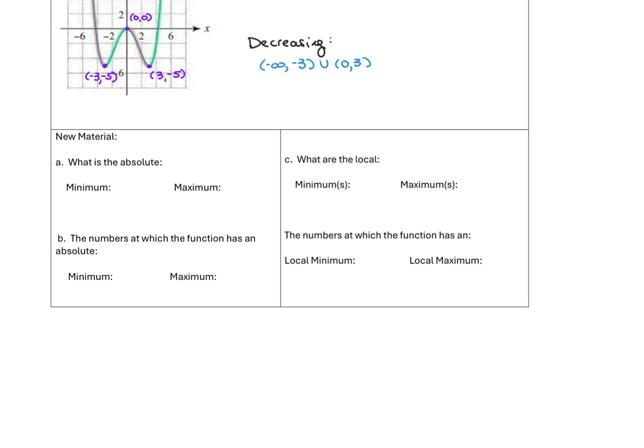We do have an absolute minimum. The lowest y value on our graph is negative 5, and it does occur at 2 locations. We're not going to worry so much about that. But here we have negative 5. We don't have any points lower than this, and so it is an absolute minimum.